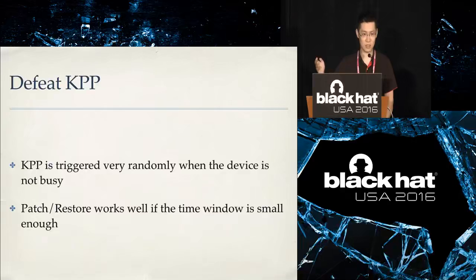Sometimes it takes hours to trigger the panic. So that means if you don't need a persistent patch, you could just patch and restore it in a very small time window, like just 1 second. I think it's enough to do a lot of things, and that's very, very safe.